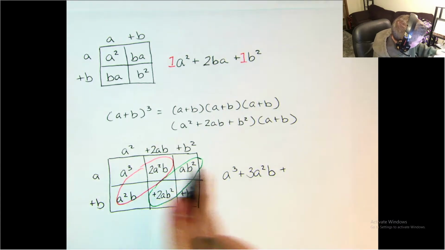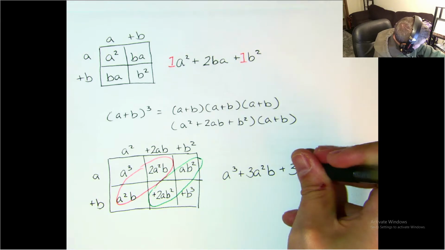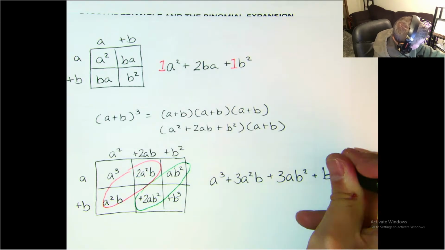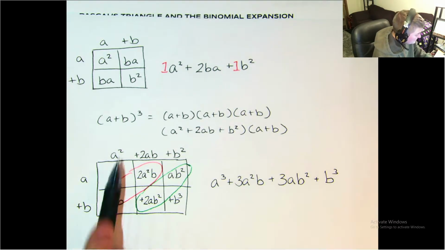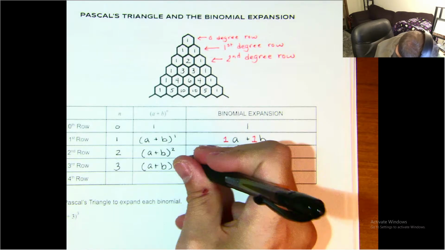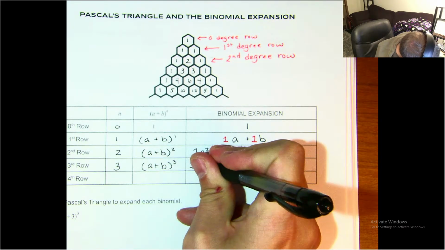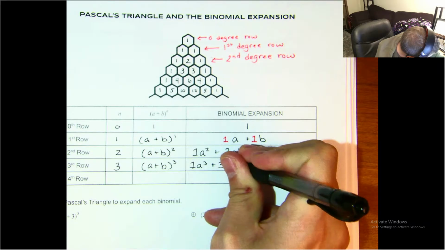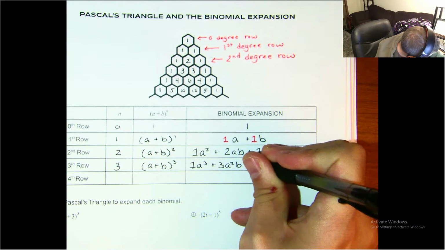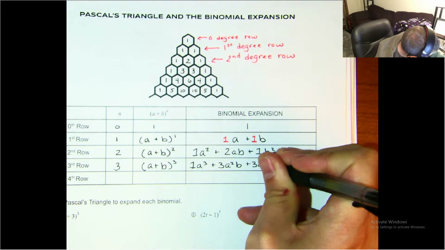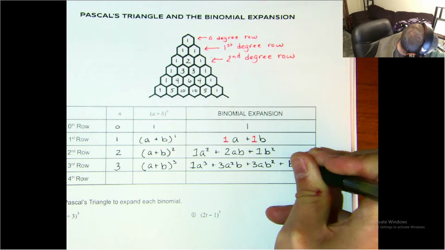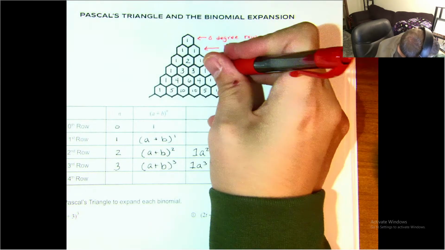I have 2 of them here and 1 of them here, and now I have 3 ab squareds, and then I have a b cubed. Okay, so this is what this is equal to. So 1a cubed plus 3a squared b plus 3ab squared plus b cubed. Okay, and as you can see, this is the third degree row.